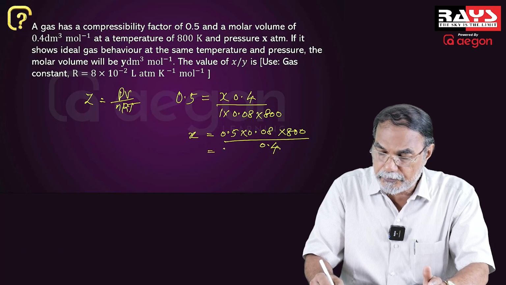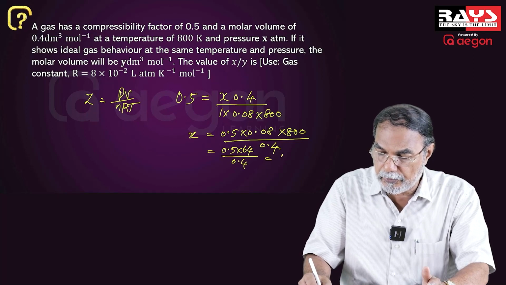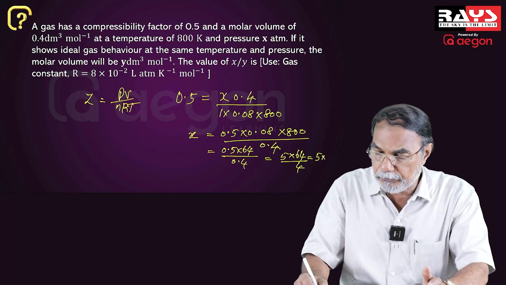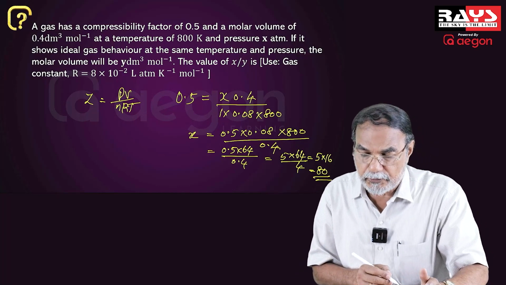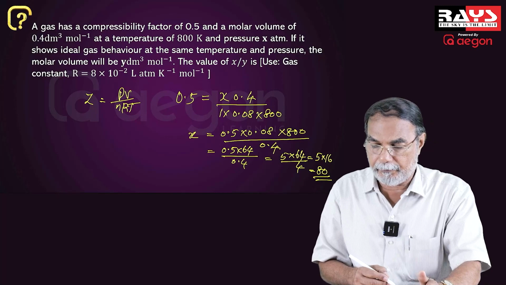So it is 0.5 into 64 by 0.4. So that's equal to 5 into 64 by 4. So that's equal to 5 into 16. So that is equal to 80. So the value of X is 80.